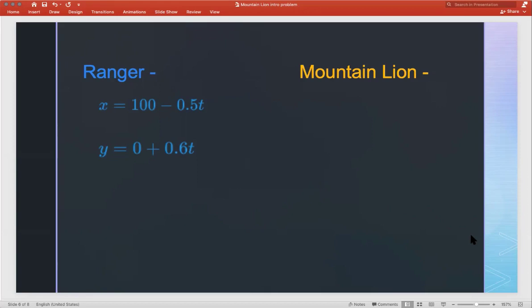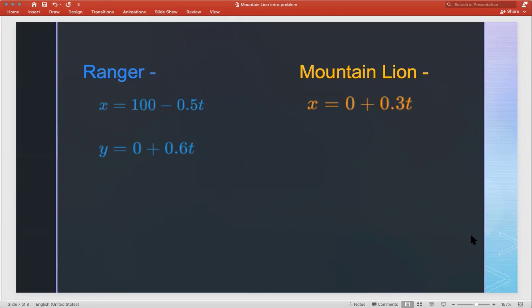That's the mountain lion's starting point. So in terms of the x equation, we would have 0 + 0.3t. Because remember, you were told the mountain lion was moving at a rate of 0.3 miles east every minute.